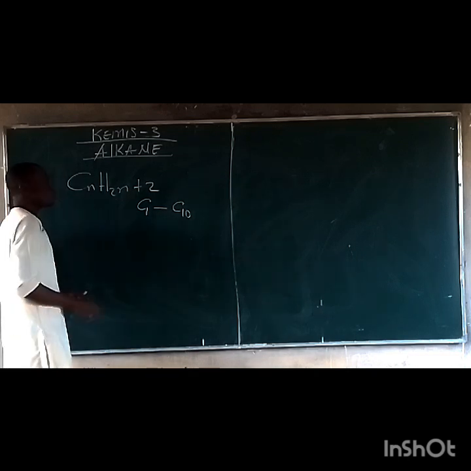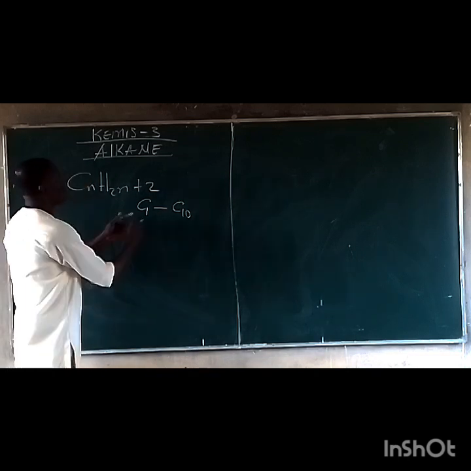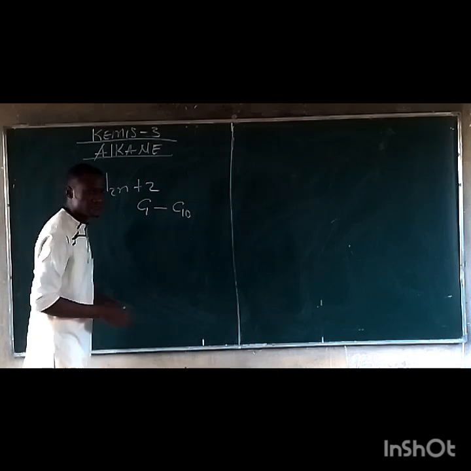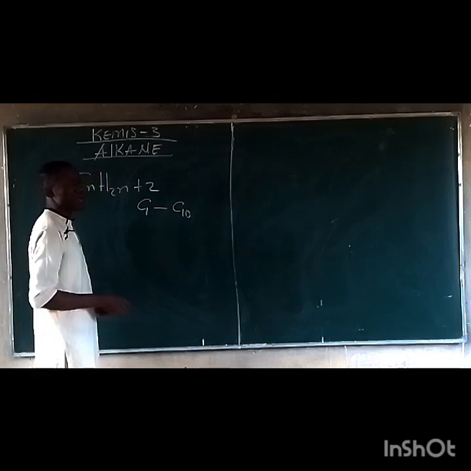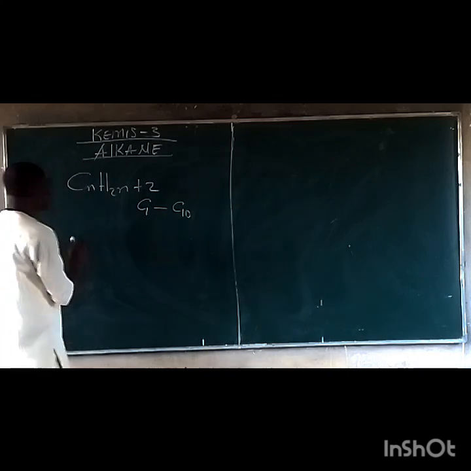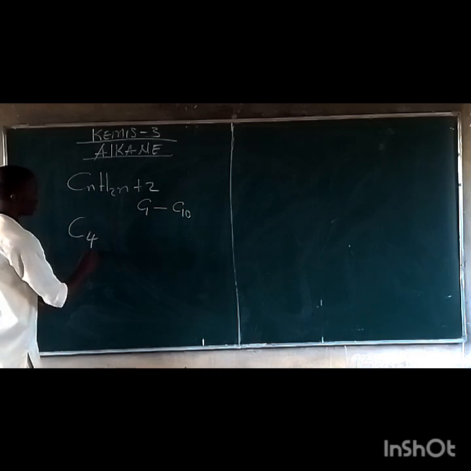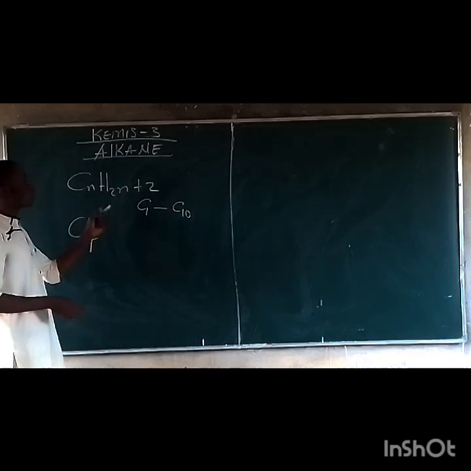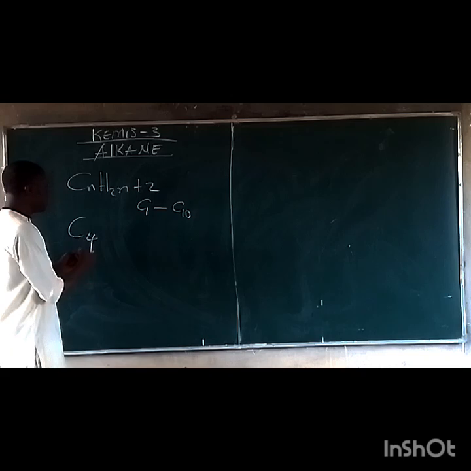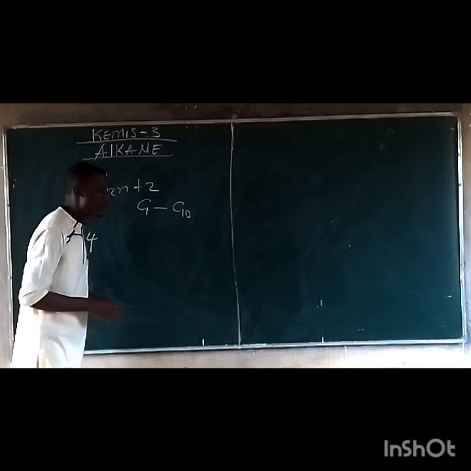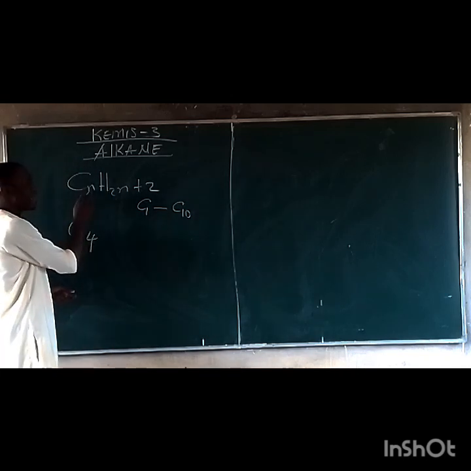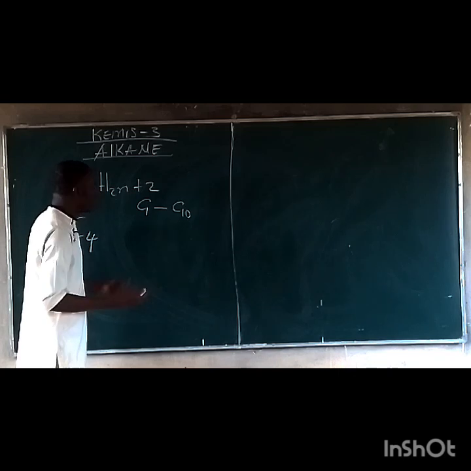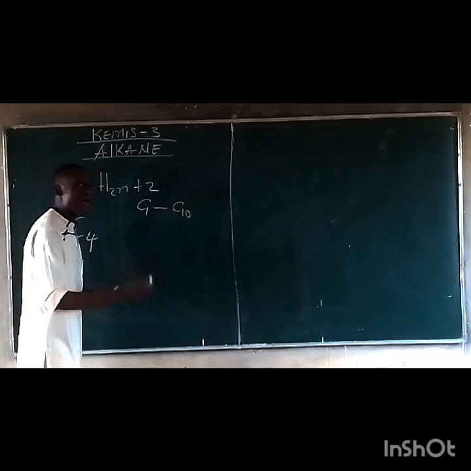Meanwhile, you can pick any of the carbons from C1 to C10. Let's say you're picking carbon 4. How many hydrogens will be needed to complete carbon 4? The n represents the number of carbons, and the 2 is multiplied with the n.